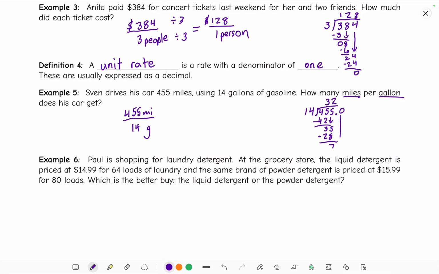Then I need a 0. 14 goes into 70 5 times. So that means this is 32.5 miles per 1 gallon, or more commonly just written as 32.5 miles per gallon, because we don't have to write that 1.